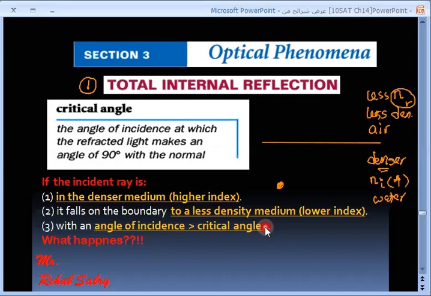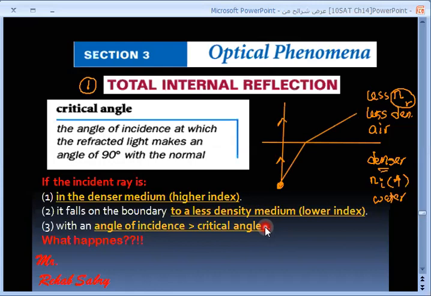Well, we have 3 main situations. The first situation, if the light falls perpendicular to the boundary, okay, what will happen? It will go straight, okay? We explained this point in the previous sections, okay? If the light falls like this, it will bend far from the normal.